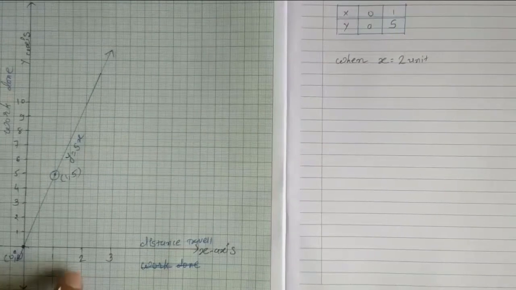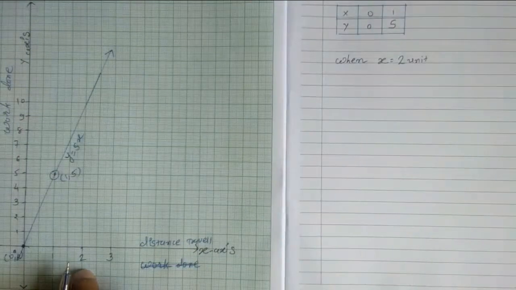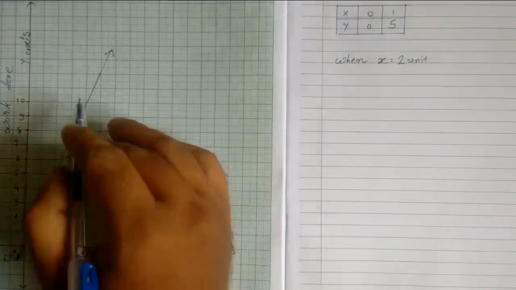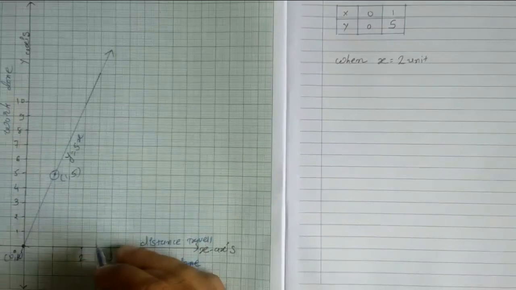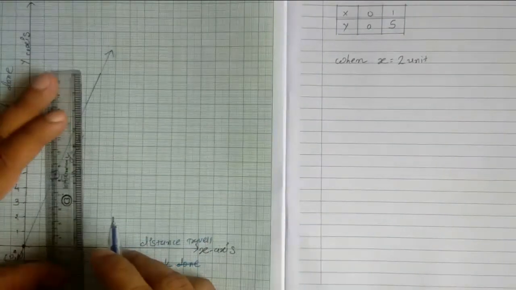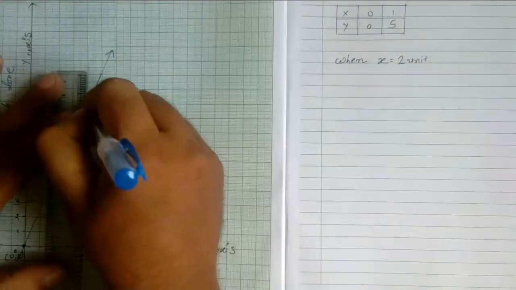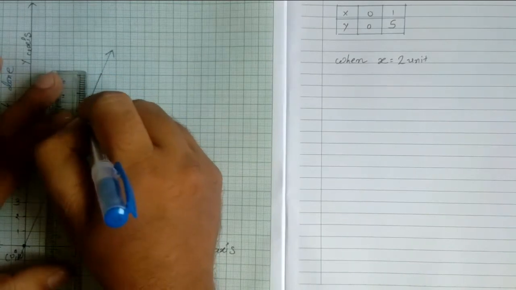Now when distance traveled is 2 unit, we need to find out how much work is done.